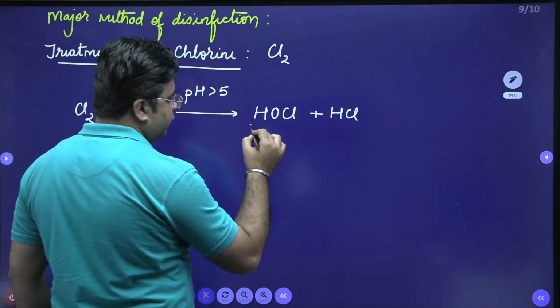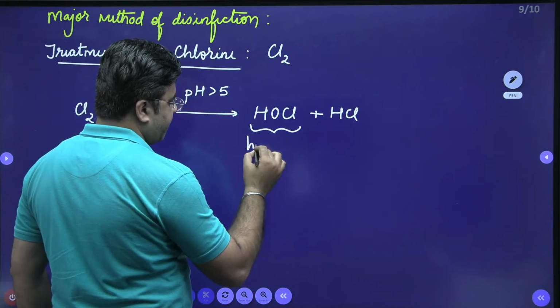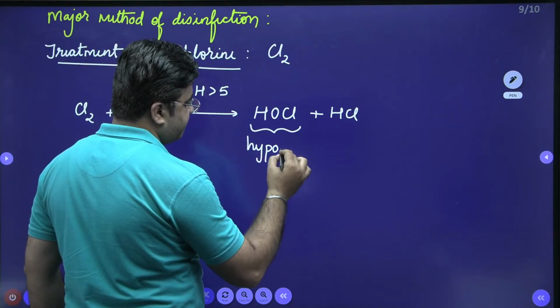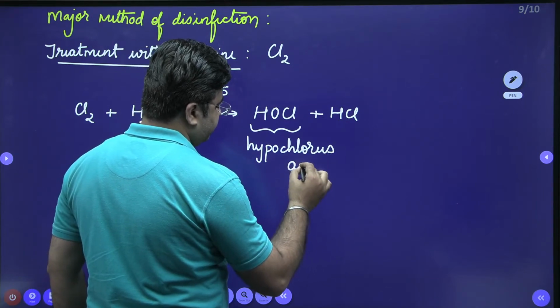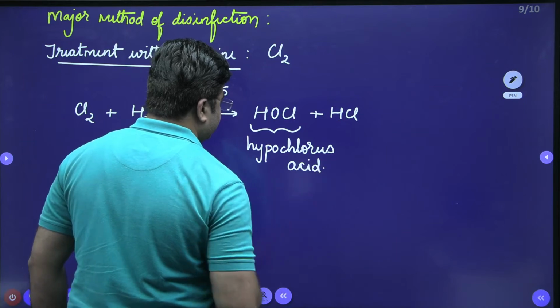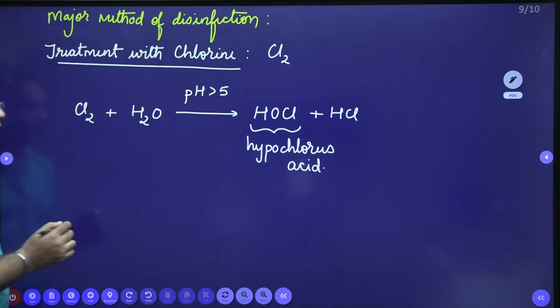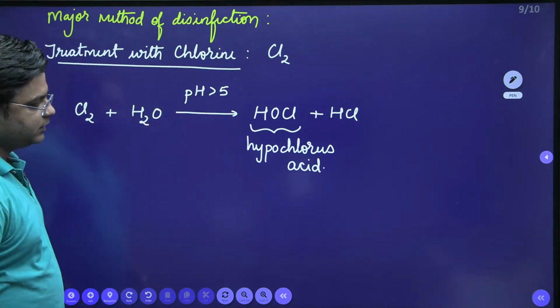This is hypochlorous acid. When you add chlorine to water, chlorine reacts with water to form hypochlorous acid.